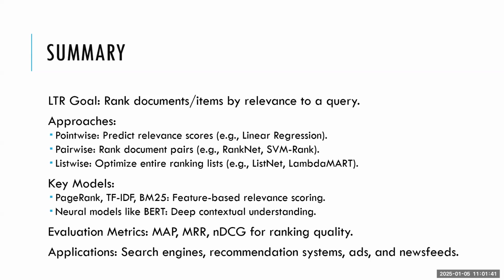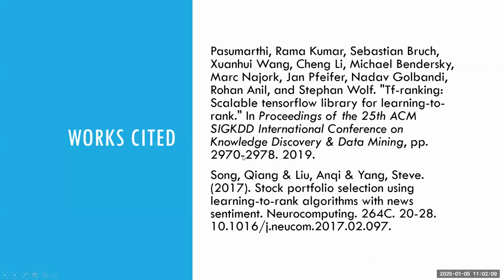Any questions so far? I will not have an assignment for the learning to rank problem, but I just put up the assignment for the classification, so make sure that you finish. I think it's due in 2 or 3 weeks.